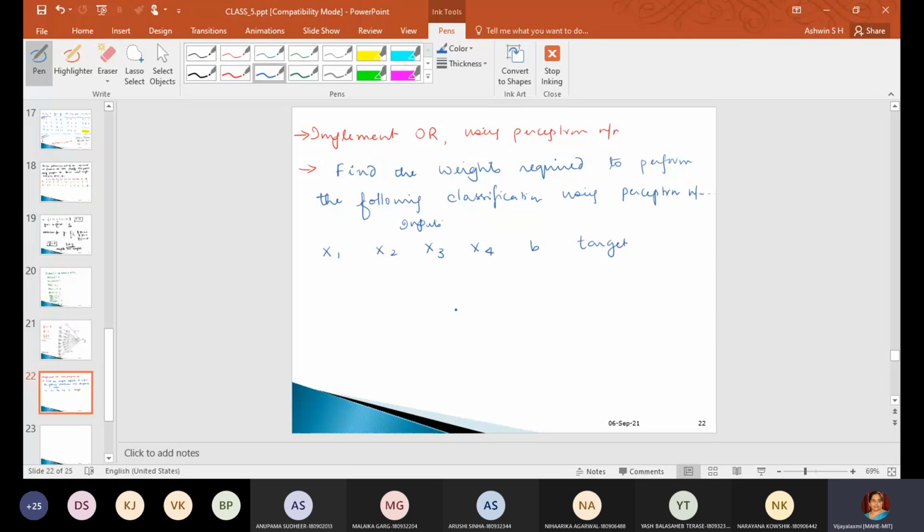Okay, so when all the inputs are 1, of course the bias is 1 only, it is always 1 as the bias input. So the target is 1. When you have -1, 1, -1, -1, this is 1.